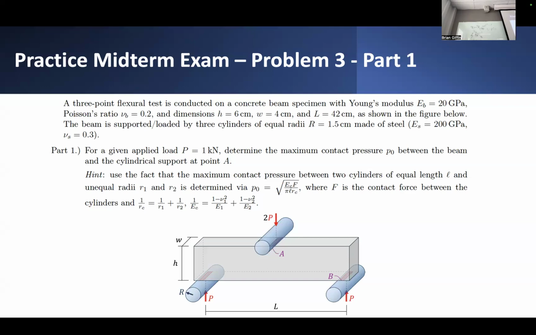If I have a flat surface in contact with this cylindrical surface, I can still use the same formula as cylinder on cylinder contact, but just plug in R equals infinity for the lower object. That's really all that I'm asking you to do here.